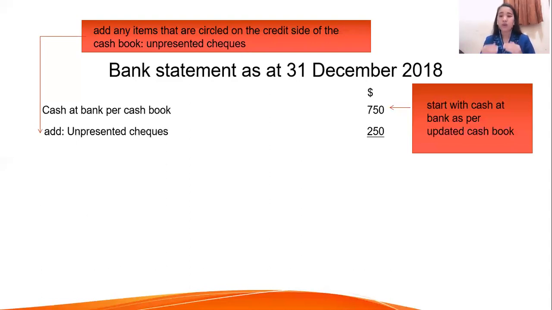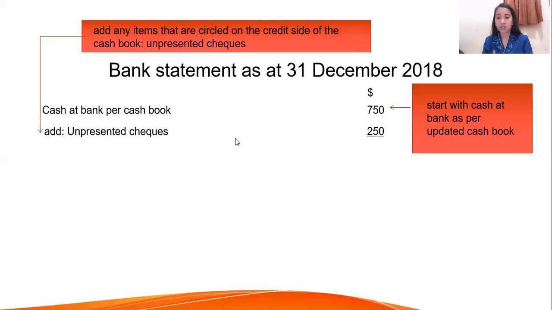We already deducted the check in our cash book, but the check arrived at the bank and, for some reason, the bank rejected it. It means the bank did not deduct the check. So because in the first place we already deducted the check, in order to fix it according to the bank statement balance, we must add the unpresented checks.